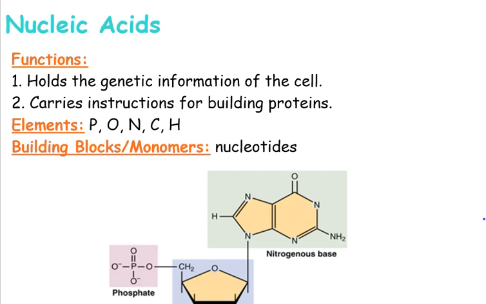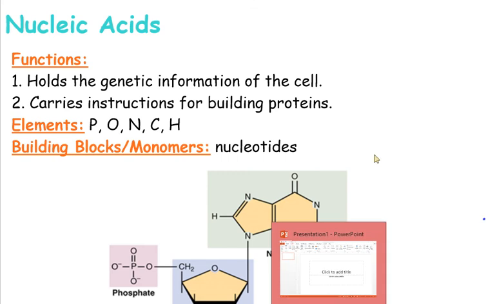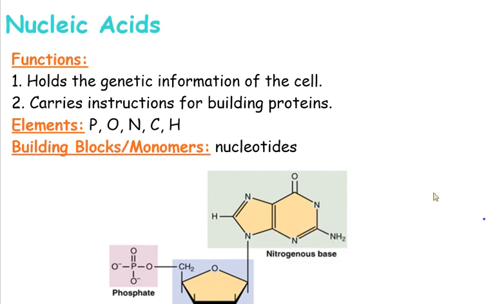We don't really talk about this with food because the majority of your food has it, so we don't necessarily have to test for it. So we're talking about genetic information, primarily that's going to be our DNA, and carrying instruction for building protein, that is going to be our RNA.